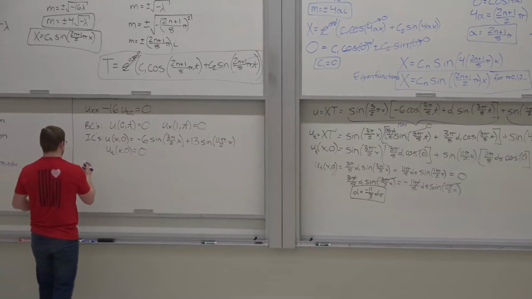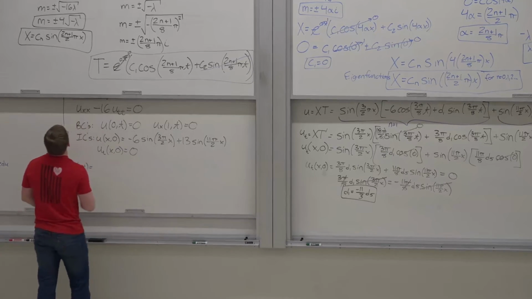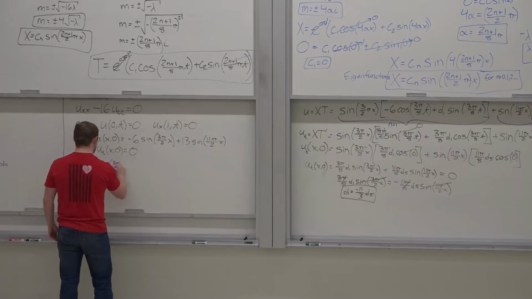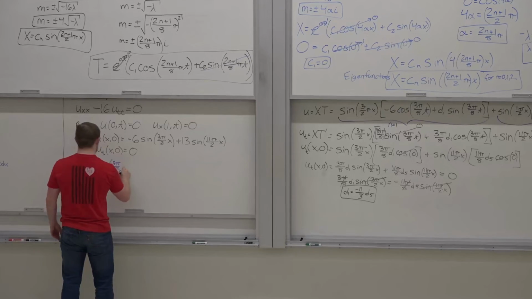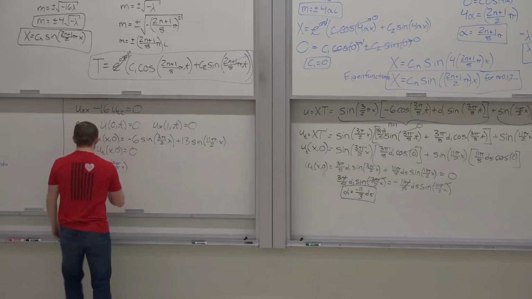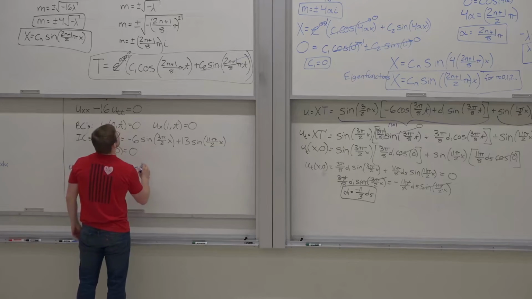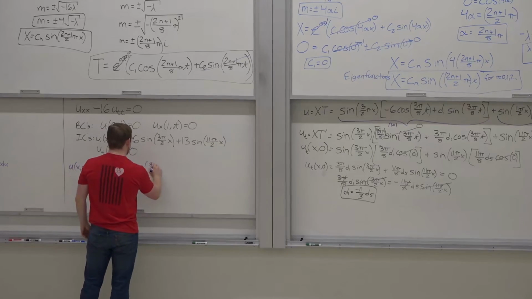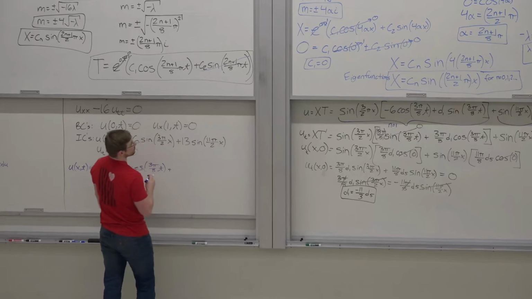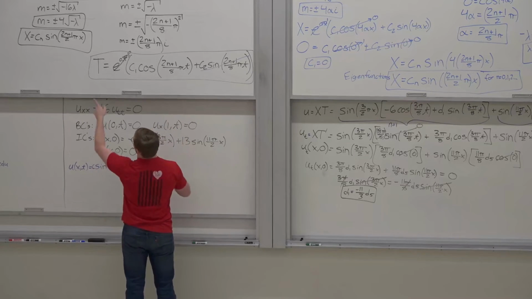So we are going to have u of x and t is equal to, with my n equals 1 term, sine of 3 pi over 2 times x, and now my t is just this arbitrary constant, so I'll leave it as just constant c, cosine of 3 pi over 8 times t, plus, now it's my n equals 5 term, and I'm still going to have some constant.